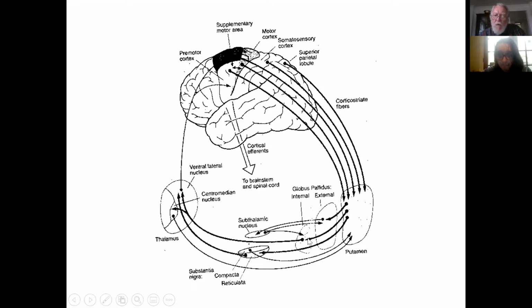So now here we are in the globus pallidus. The globus pallidus zona externa has reciprocal connections with the subthalamic nucleus, whereas the interna of the globus pallidus is now through the fields of Forel going to the ventrolateral nucleus, the ventral anterior nucleus, and other thalamic nuclei.